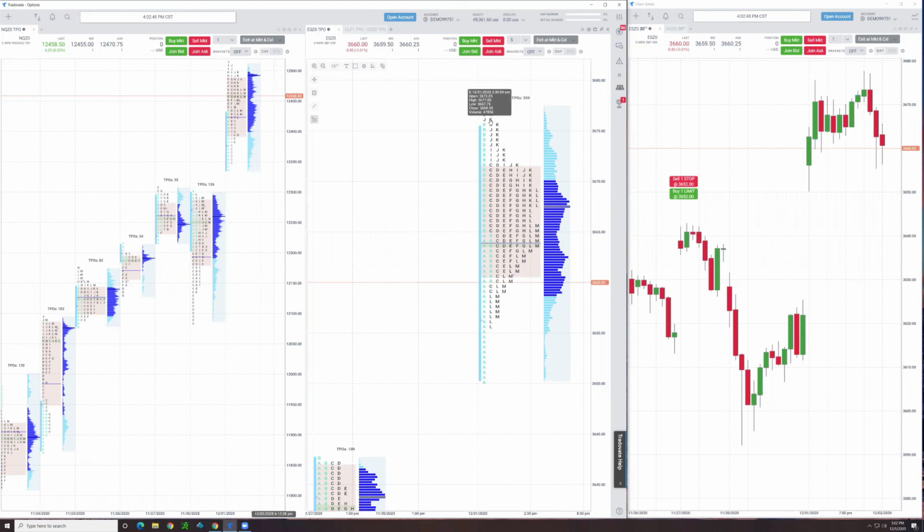Areas where you have fewer TPOs, like this would be considered one wide up here at the top. These next few where it says J, K, that's two wide. These next several here would be three wide. And so you go down to where our POC was, and we've got 1, 2, 3, 4, 5, 6, 7, 8, looks like nine wide.